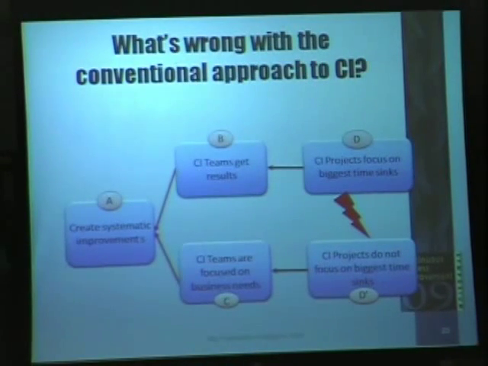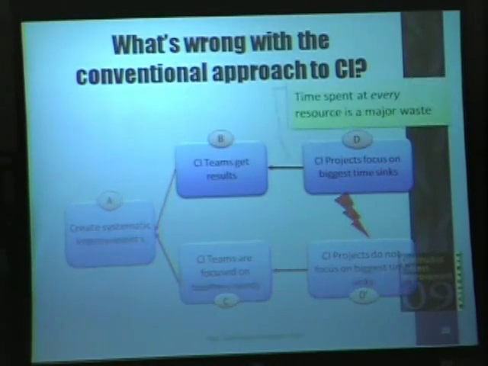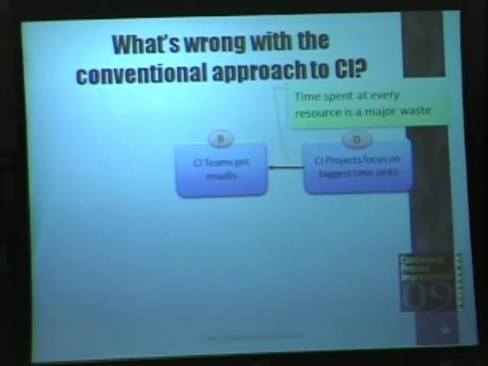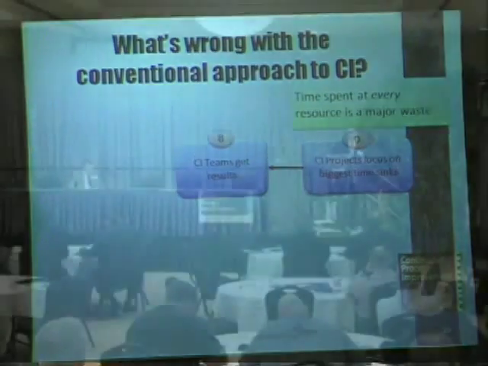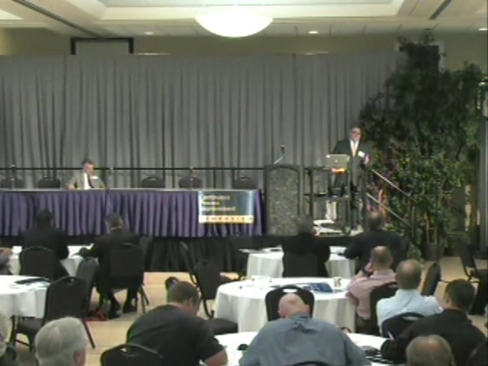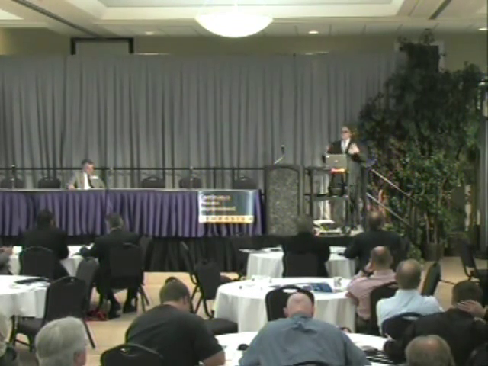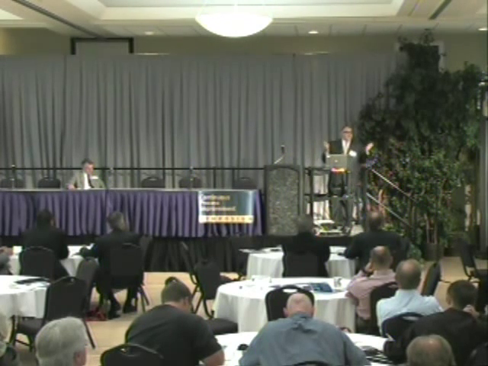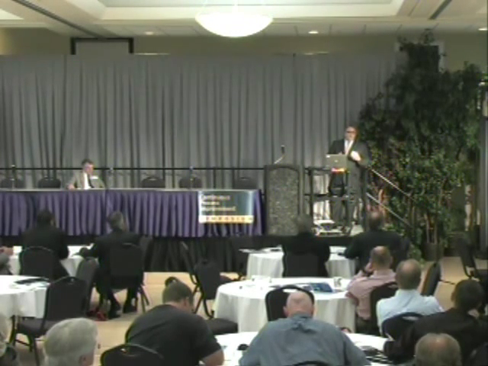So what's wrong? Well, the biggest thing in continuous improvement is that we focus on the wrong thing. This is the major thing: we're picking the wrong stuff to work on. We think that by reducing the time, we're going to get more productive. We think that by somehow making our process faster, we're going to get more productive.